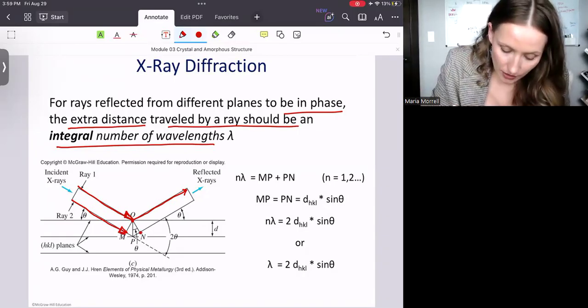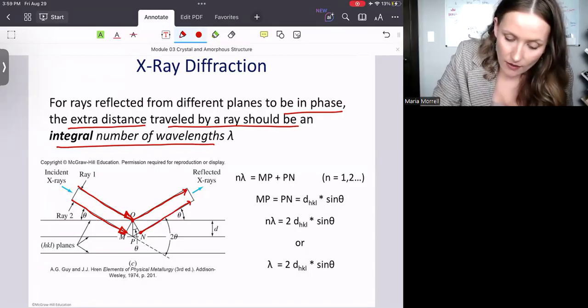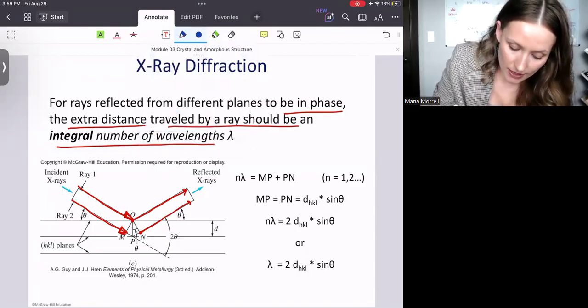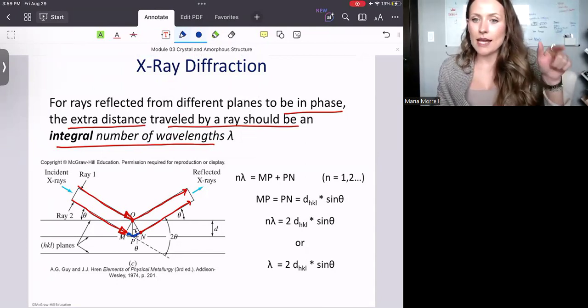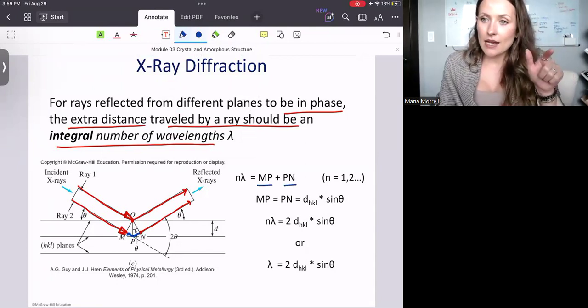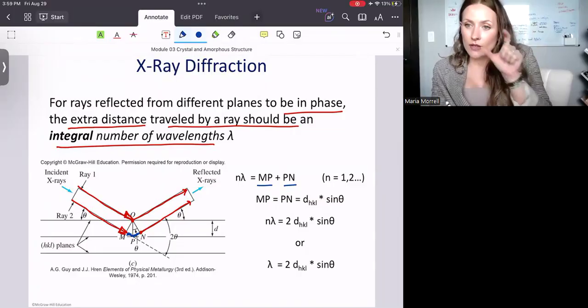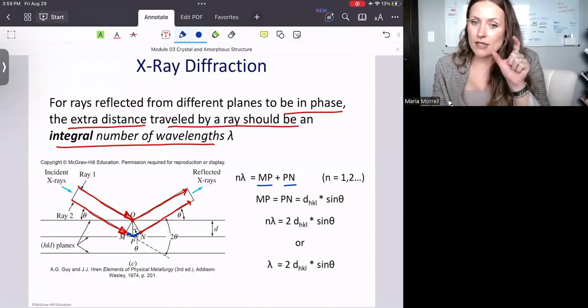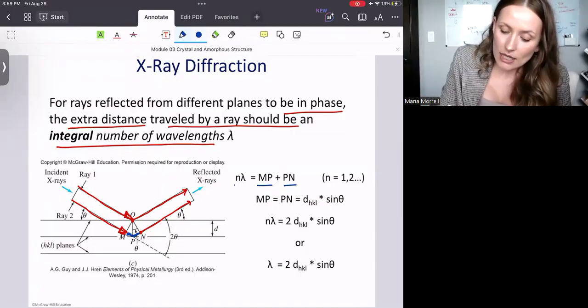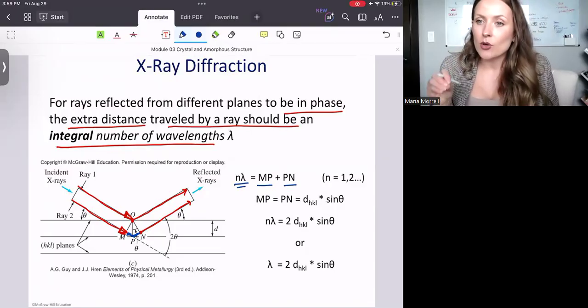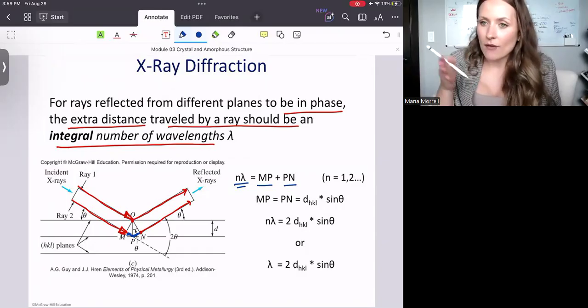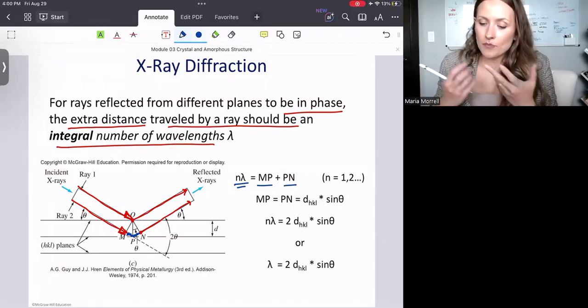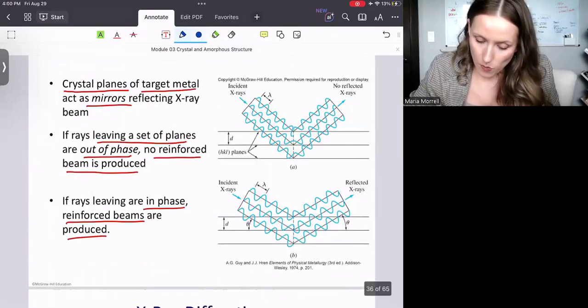In other words, the second ray should travel this distance, which is going to be MP plus PN, and for the reflection to be in phase, that distance should equal an integer number of wavelengths. Because if you chop it as one half or anything but an integer, they will be asynchronous.